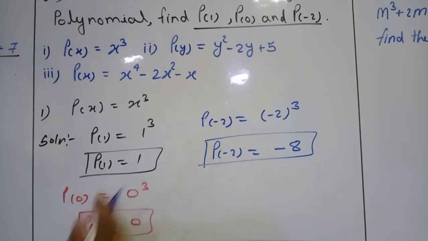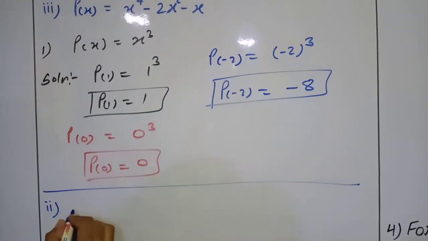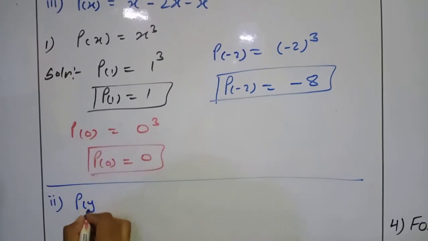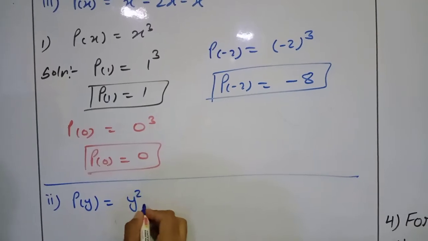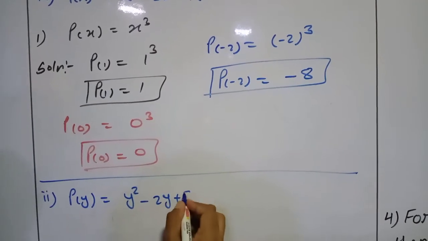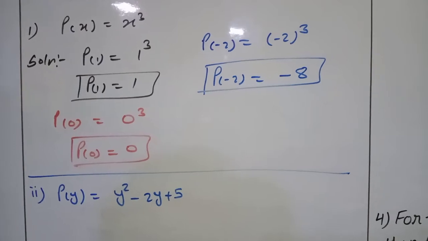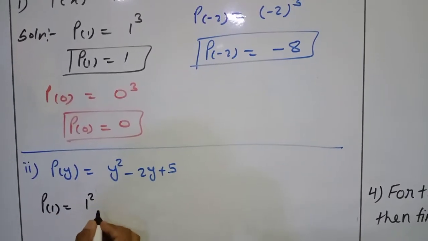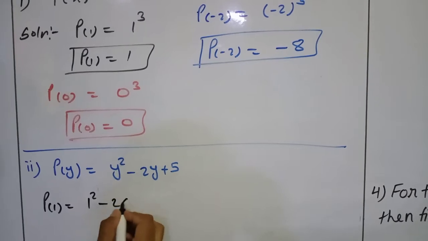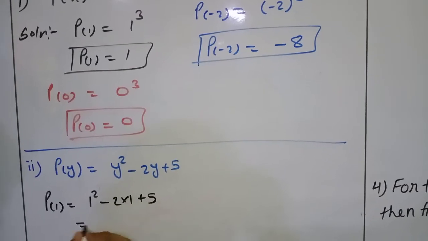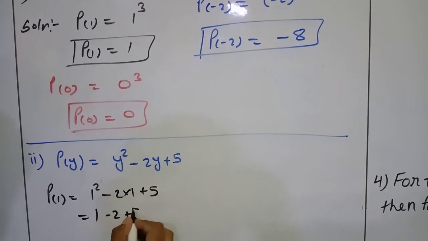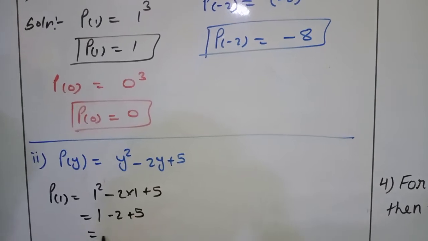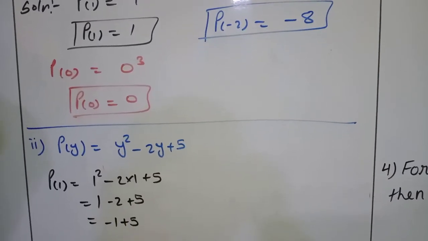Let's see, here we have the second one. P(y) is equal to y square minus 2y plus 5. So first start with P(1). Square of 1 minus 2 into 1 plus 5. 1 minus 2 plus 5. 1 minus 2 is minus 1, plus 5, 4.